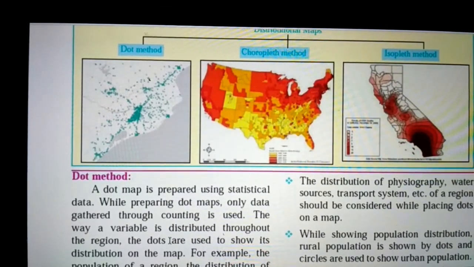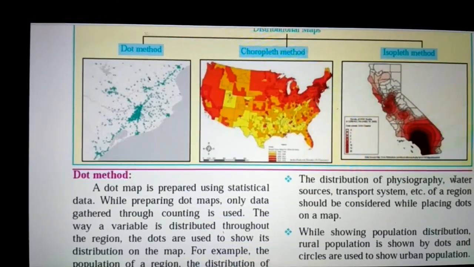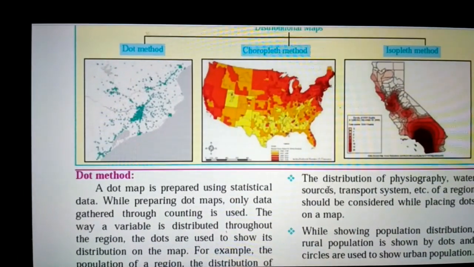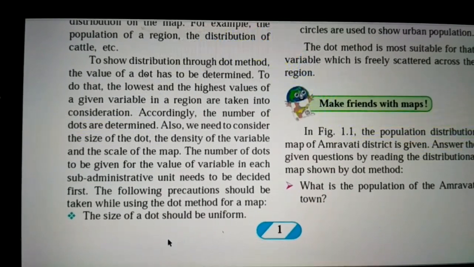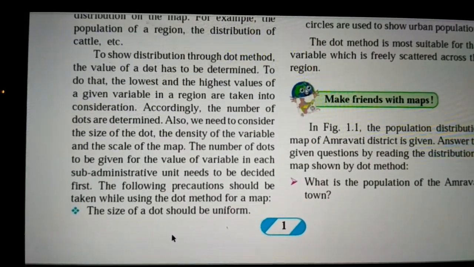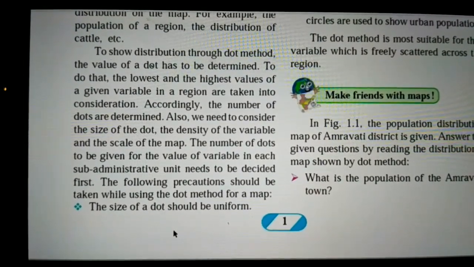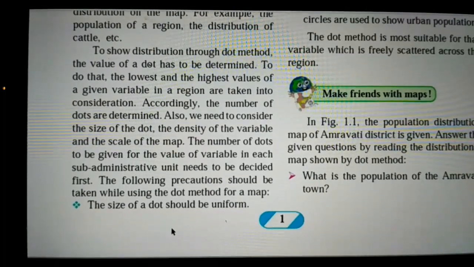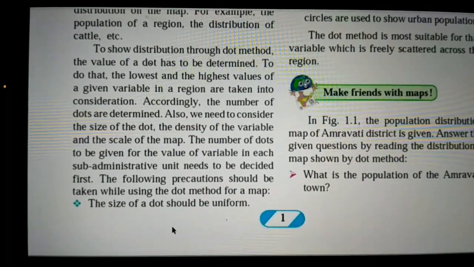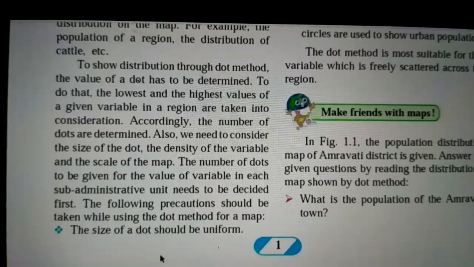Also, we need to consider the size of the dot, the density of the variable, and the scale of a map. The number of dots to be given for the value of the variable in each sub-administrative unit needs to be decided first.